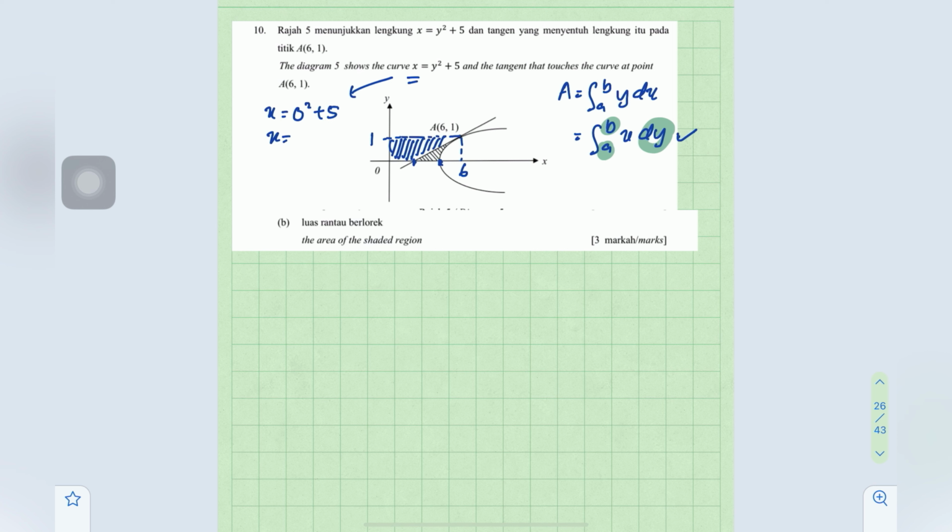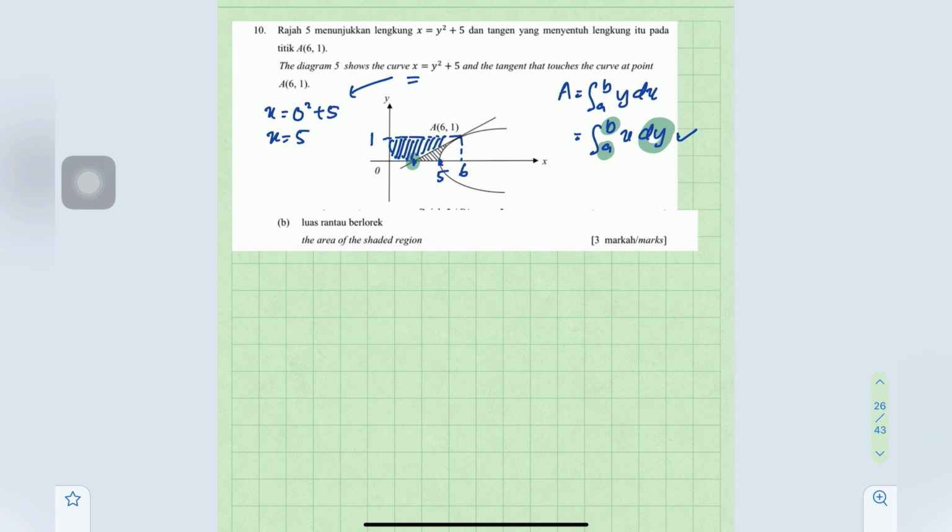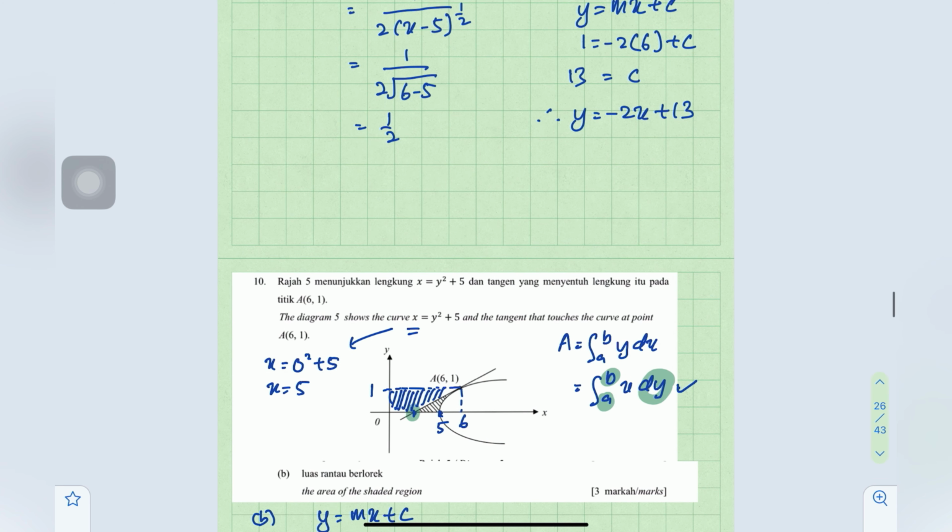So x equals 5. So this gives 5. But to find this other x-intercept, we need to find the equation of tangent. Earlier it said this is the equation of tangent. So we need to find the equation of tangent first. Equation of tangent y equals to mx plus c. Just now from part A we know the gradient of tangent we already got, which is equals to 1/2.